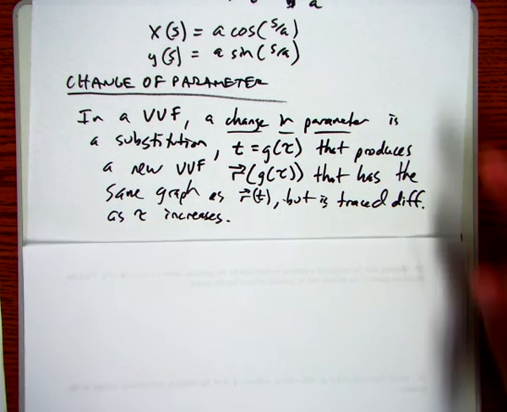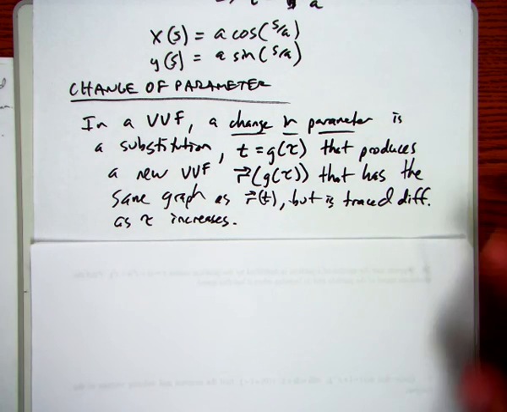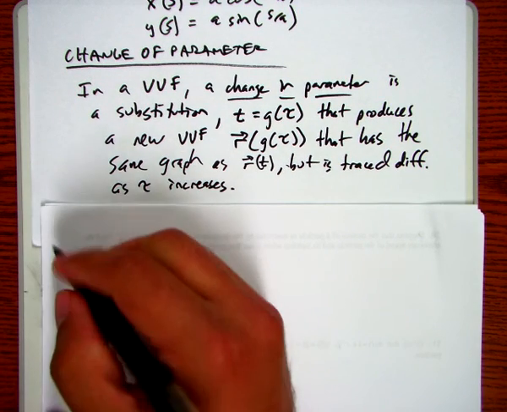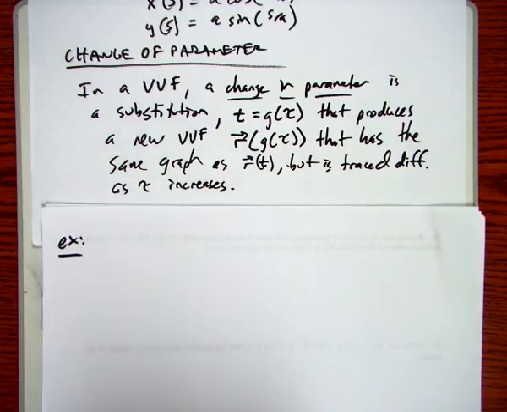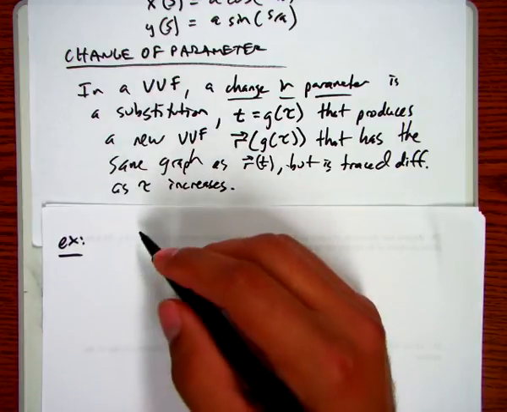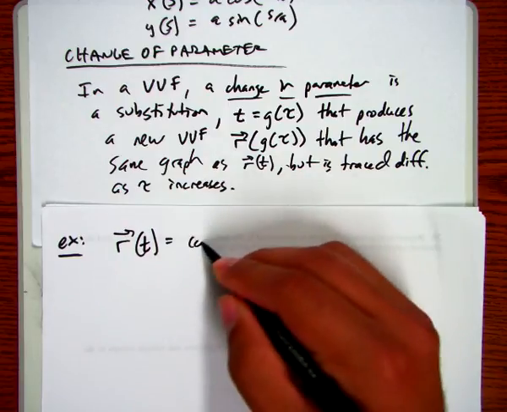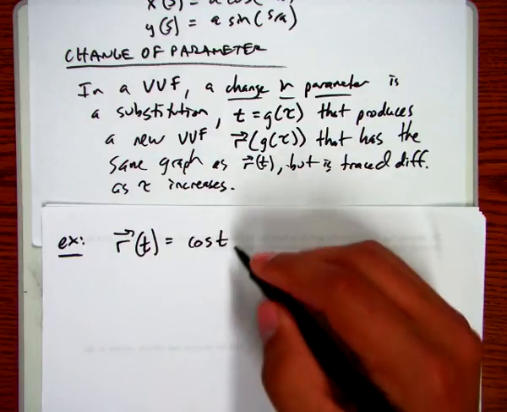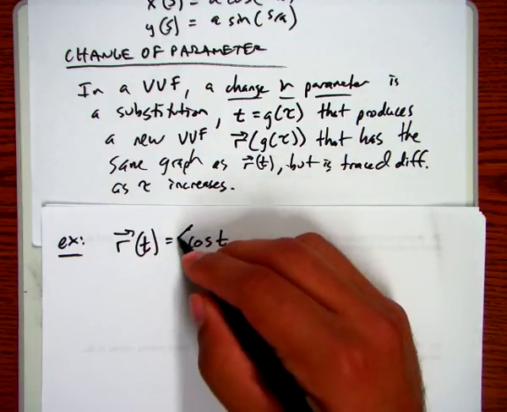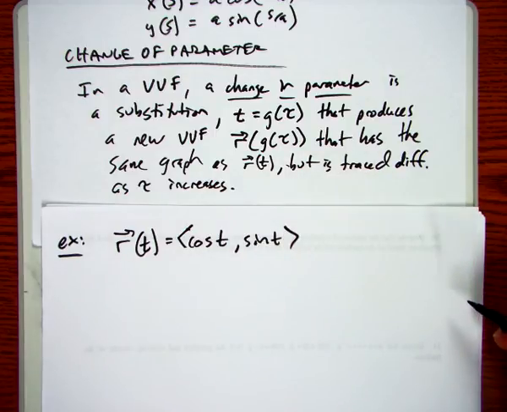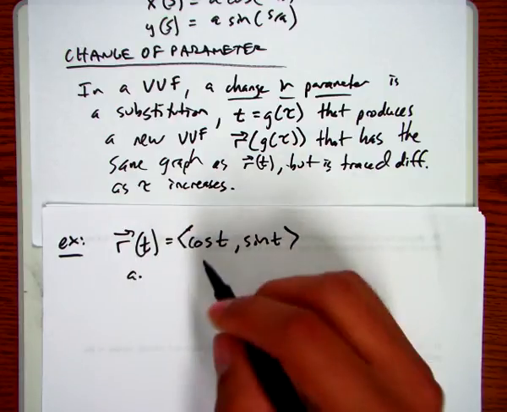Okay, so an arc length parameter is one example. You could also be given a set of conditions that you want to meet. So for example, let's say we have the vector valued function r of t equals cosine t, sine t, so another circle. And let's do a couple of things.